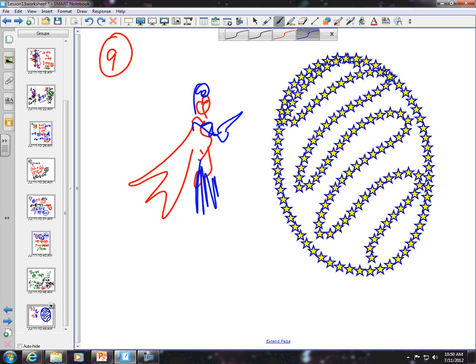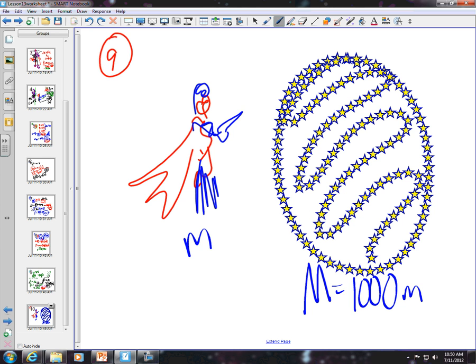So the asteroid's 1,000 times more massive than Superman. So the asteroid's mass is 1,000 times a little m. Here's the mass, little m. We don't know what it is. We just know this is 1,000 times more. So this is conservation of momentum, basically. If this speed here, I'll call it big V, is 800, with a small mass, it's a simple, linear relationship. Momentum is mass times velocity.